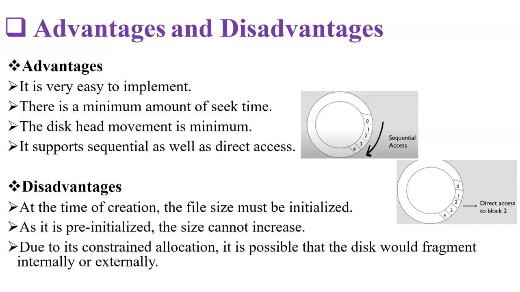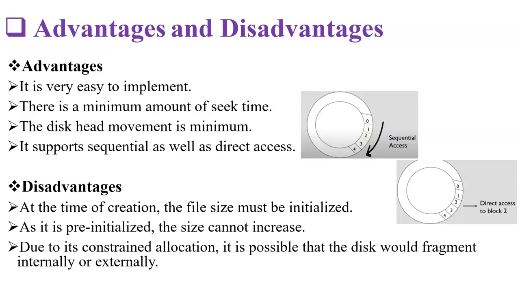Why internal fragmentation? Because a block is of fixed size, so let's say a block is of 5K, but the contents of the file are 3K, so the remaining 2K are wasted. That is internal fragmentation.